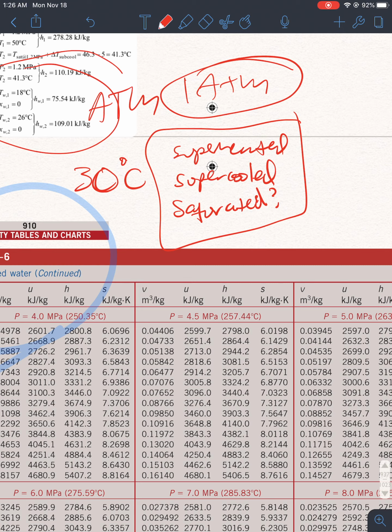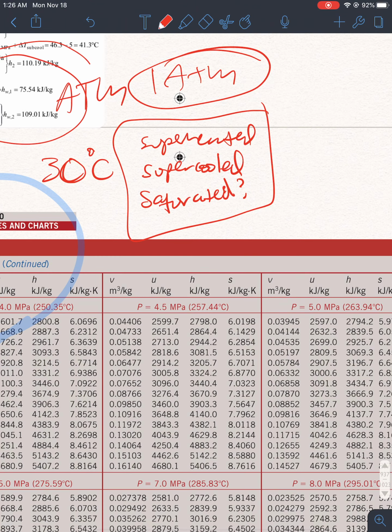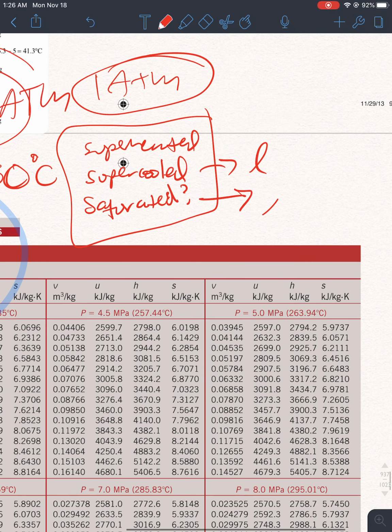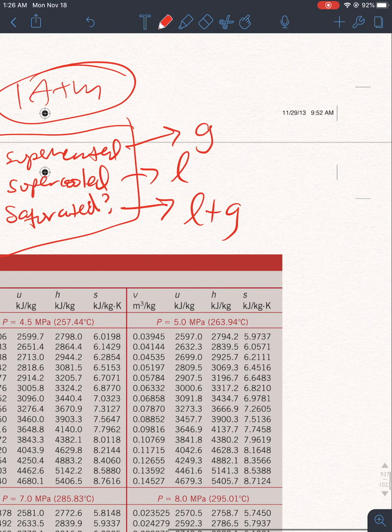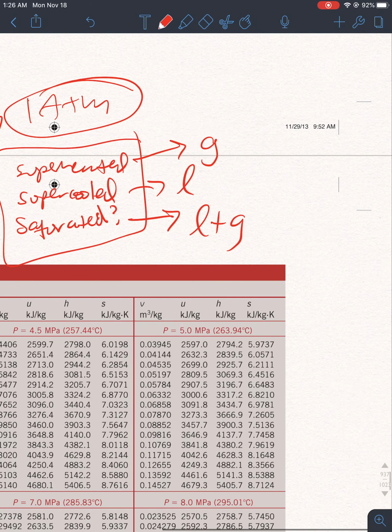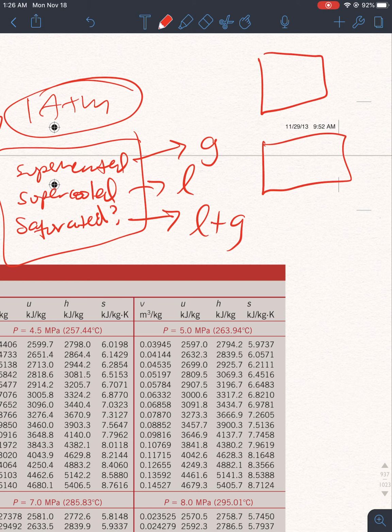So at atmospheric pressure, saturated water is liquid water. Saturated means liquid. Or wait, shoot. Saturated means it could be liquid and gas. Super cool means liquid. Saturated means liquid plus gas. Superheated means all gas. So here's 3 boxes.